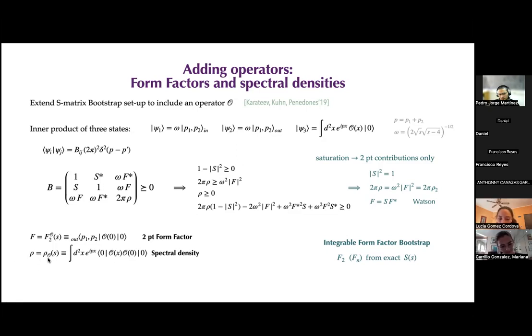So you can write the spectral density as F2 plus F3 plus F4, etc. So indeed, usually you will have that rho is bigger than F2 because F3, F4 are non-zero. They are zero only in free theories. So actually for integrable theories, even if you don't have particle production, the form factors are not zero.